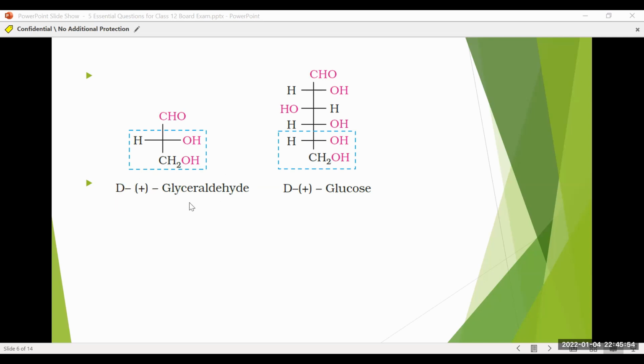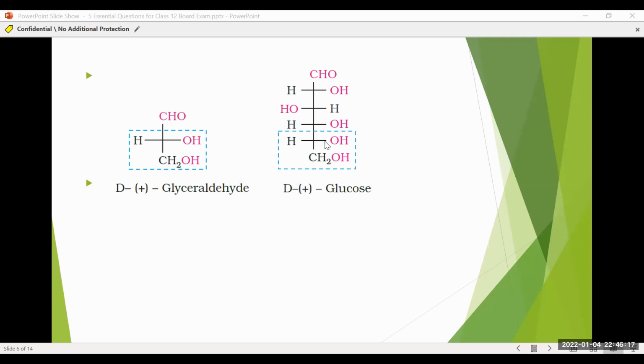It is a simple 3-carbon compound in which the H and OH on the second carbon atom, or the second last carbon atom, are such that the OH group is on the right hand side and the H atom is on the left hand side.